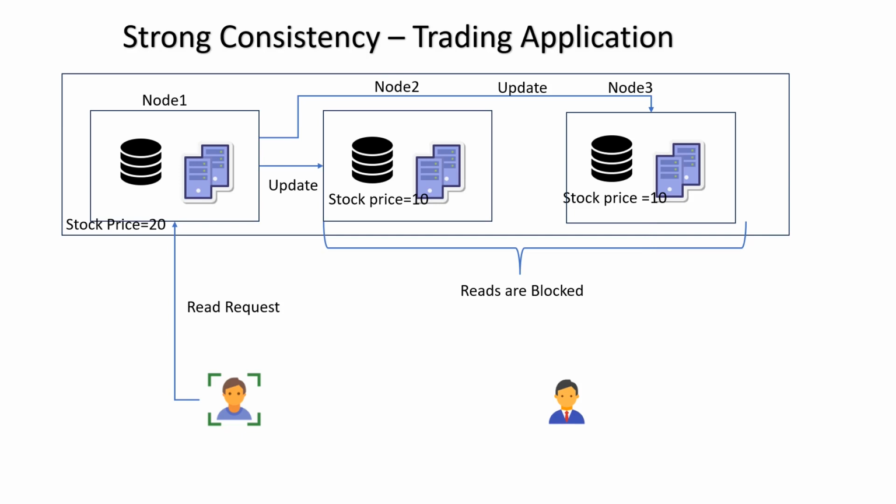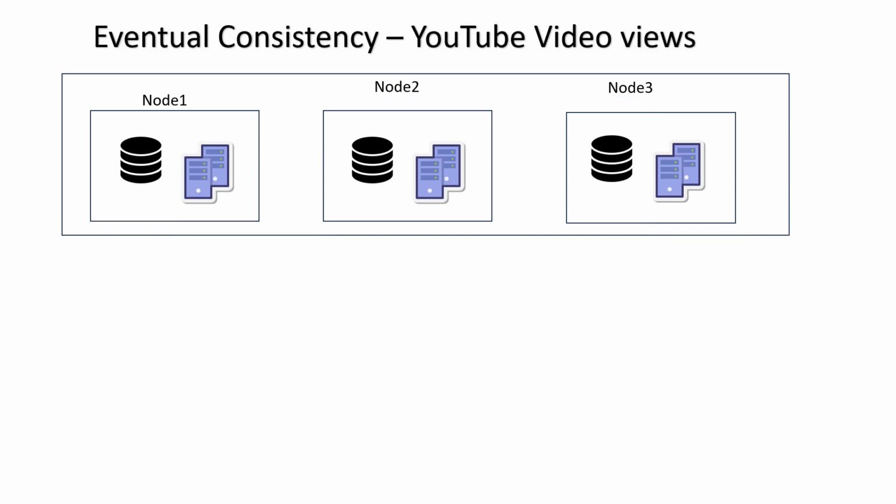Now let us understand in which use cases we can use eventual consistency. So for example, in YouTube, for every video you see there is a view count, right? Maybe the view count is changing, and sometimes you can also see that it's static, right?